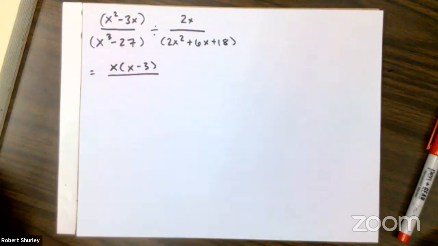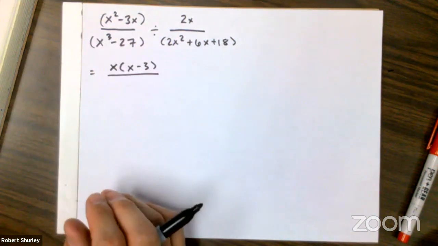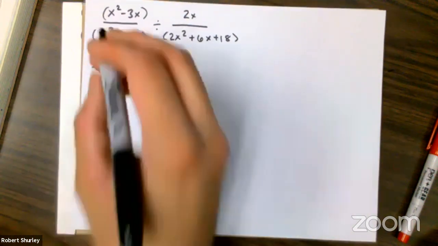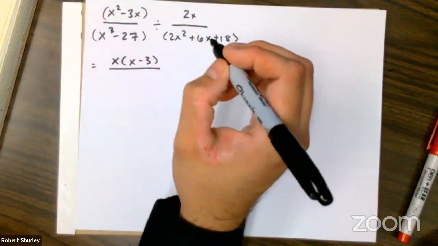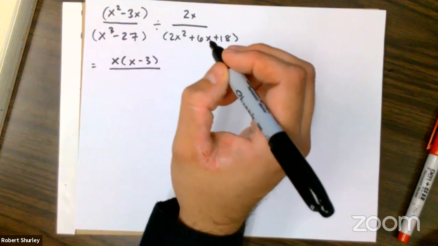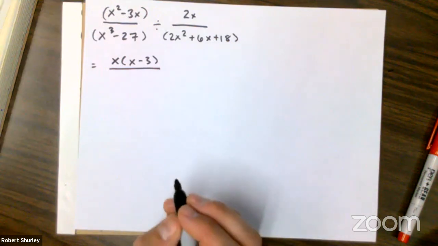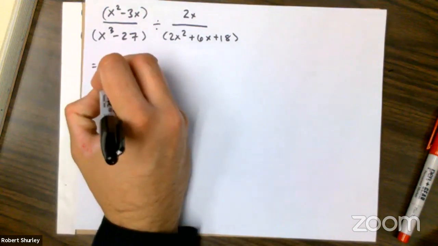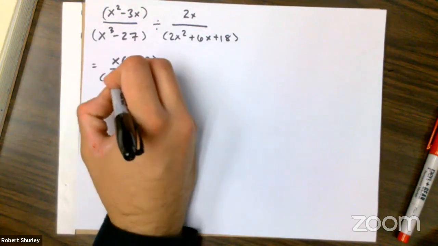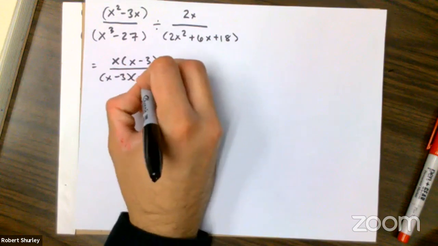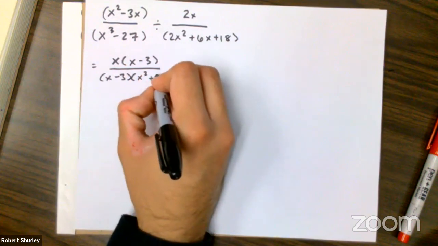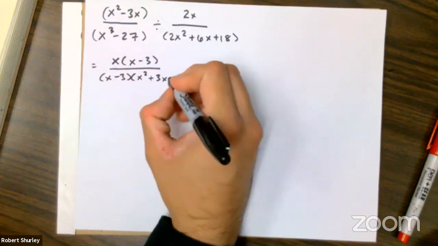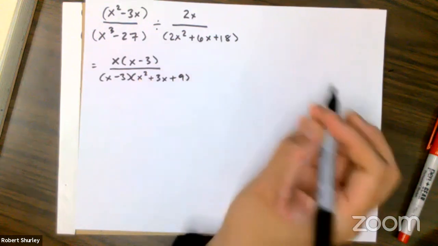So I'm going to look that up again, honestly. 5.6. I know it's x cubed minus 3 cubed. So if I go back to 5.6 and that rule on page 393, this would be x minus 3 times x squared plus 3x plus 3 squared, so 9.